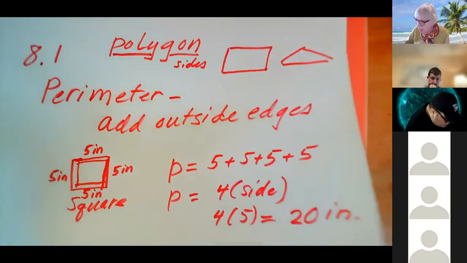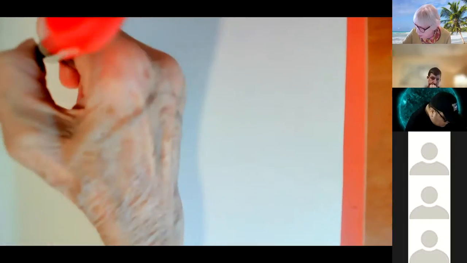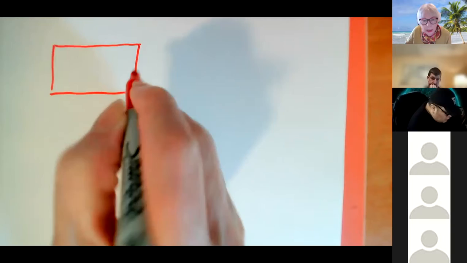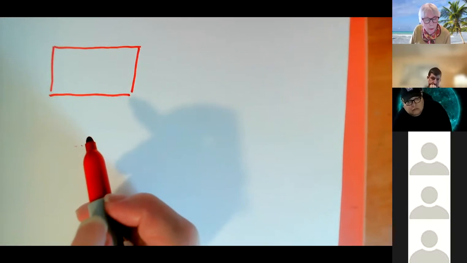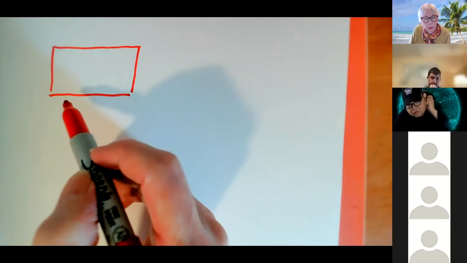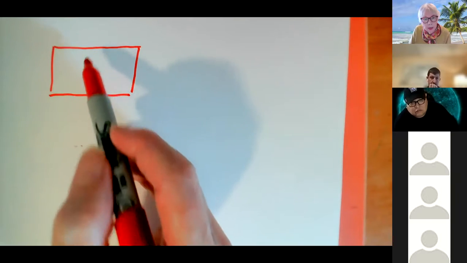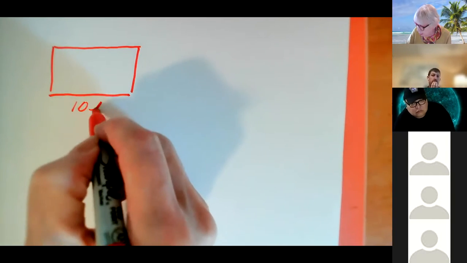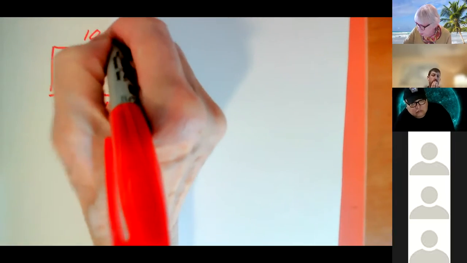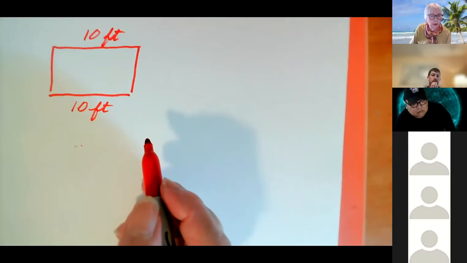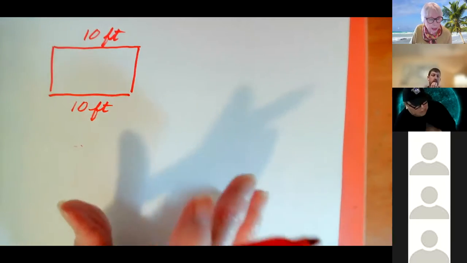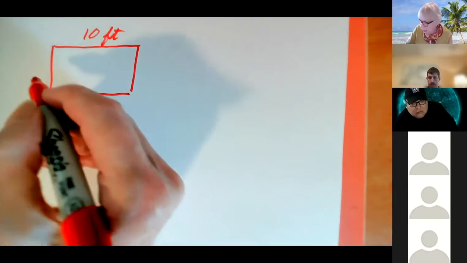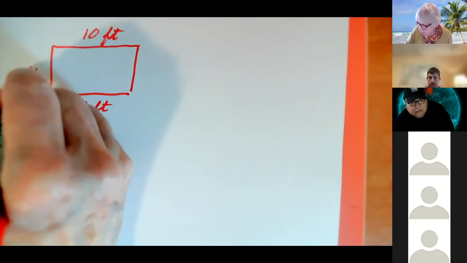Now, let's say the next one we do is a rectangle. Now, a rectangle is a variation of the square. And so the thing about the rectangle is the opposite sides are the same length. So for instance, if this was 10 feet and you knew it was a rectangle, or you could tell by the shape of it, this opposite side would be 10 as well. So once you have one, you really have both. And let's say this was 6 feet.